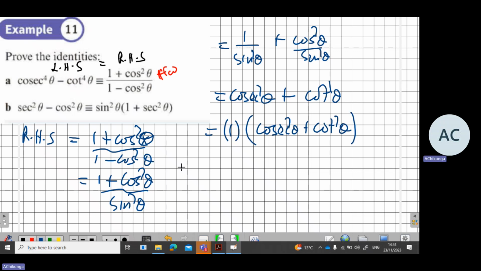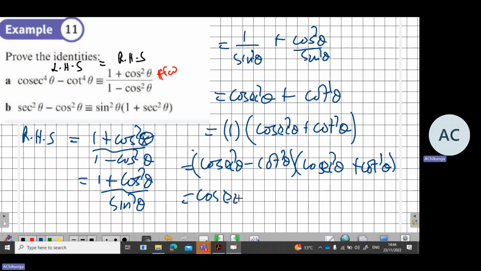But what is this? In respect to this, it is cosec squared theta minus cot squared theta. I just thought about that. And expanding this is a difference of 2 squares. Definitely gives you cosec 4 theta minus cot 4 theta.